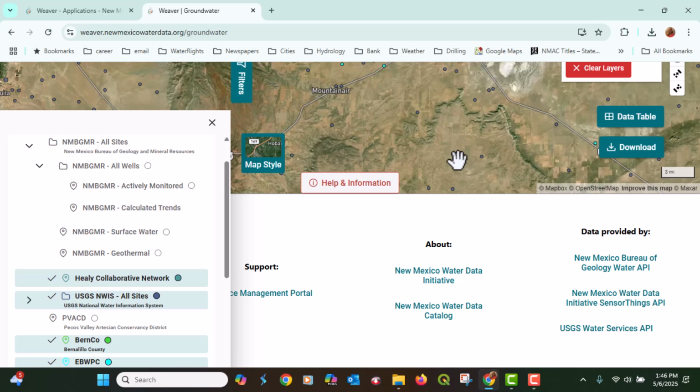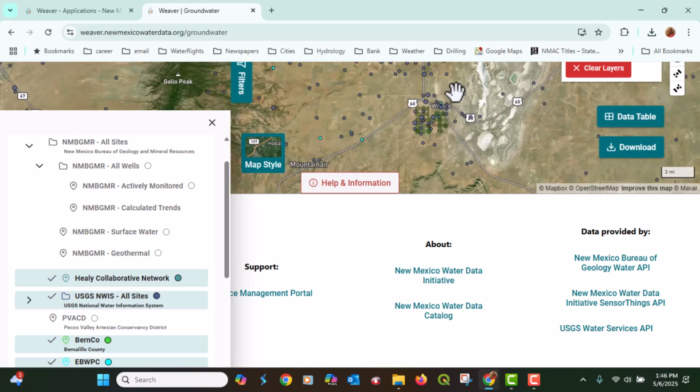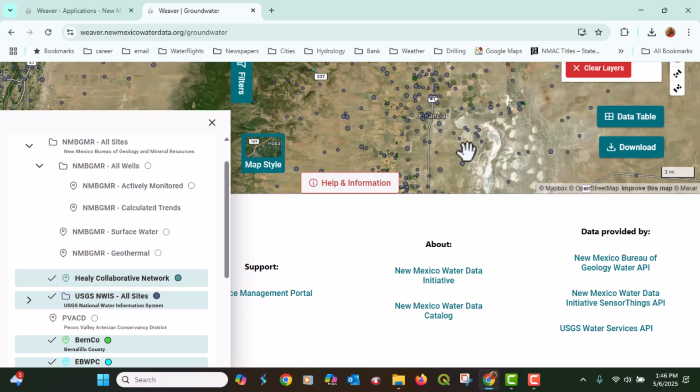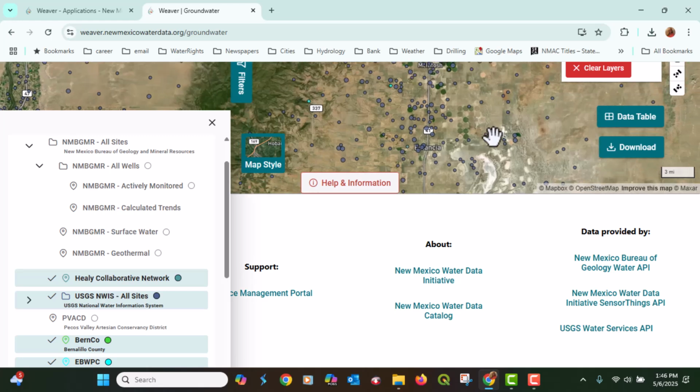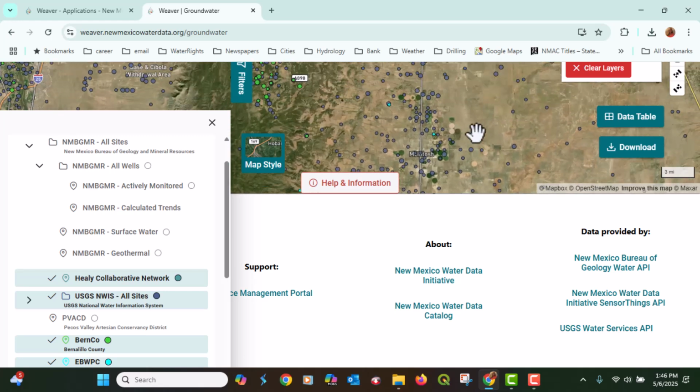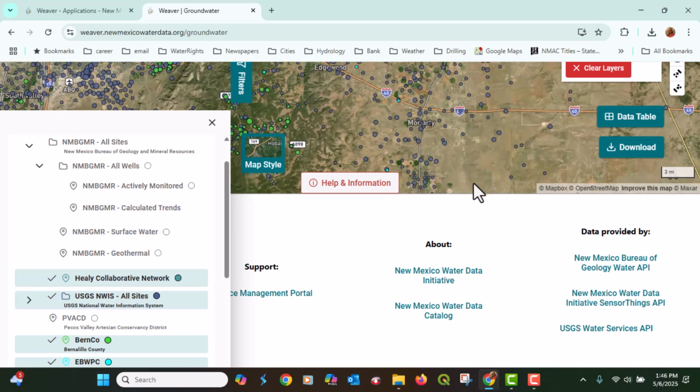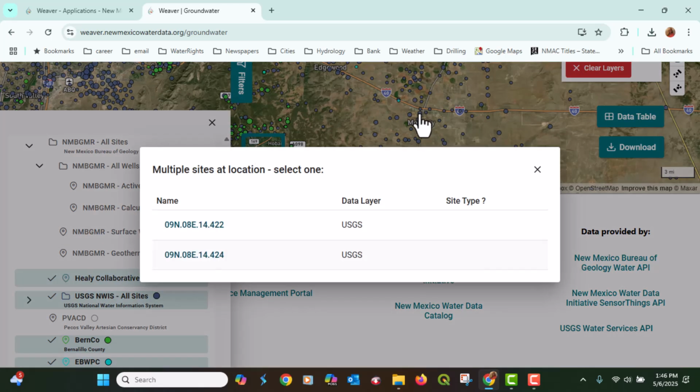There's Mountain Air, there's Willard. So each of these dots represents a well that may have one groundwater level measurement or multiple groundwater measurements, and you can click on that and it will tell you the two different sites.